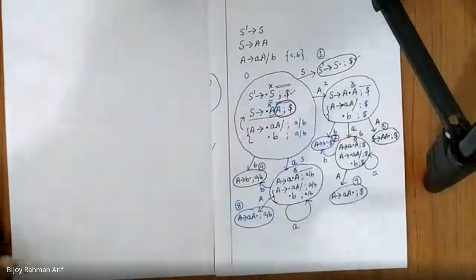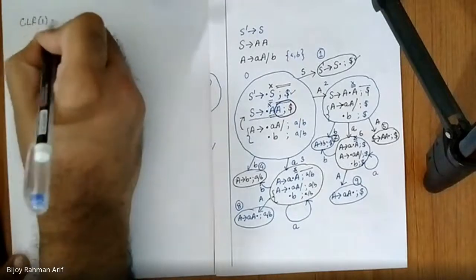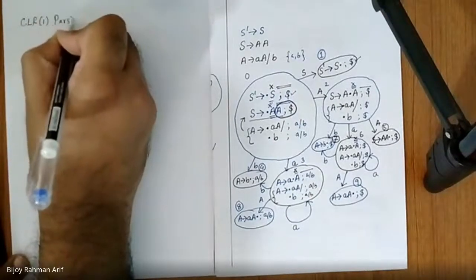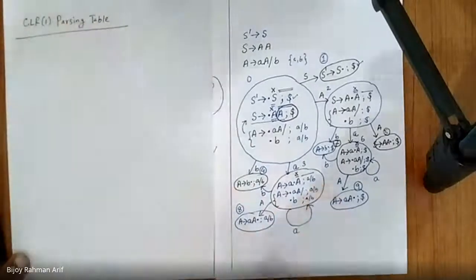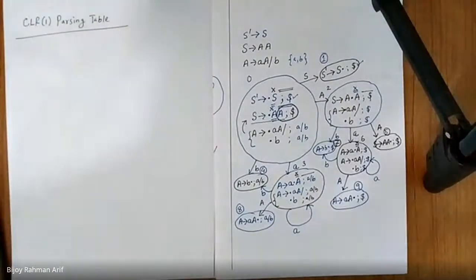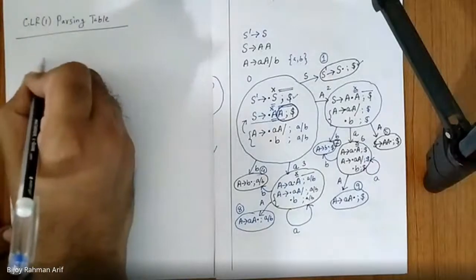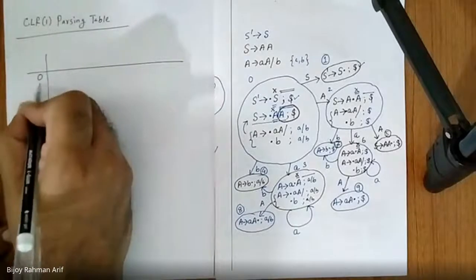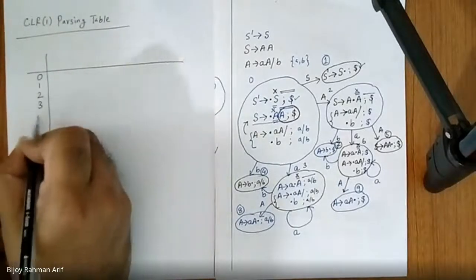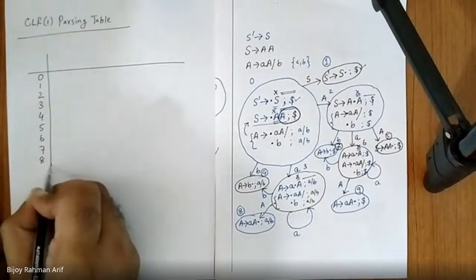How many states are there? Up to 9. So like this: 0, 1, 2, 3, 4, 5, 6, 7, 8, 9.